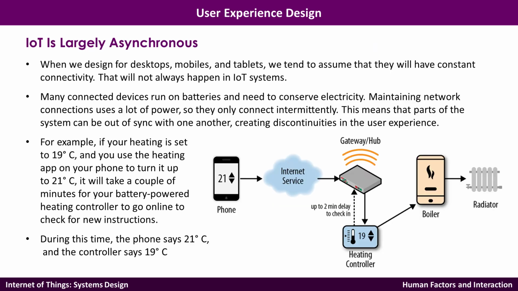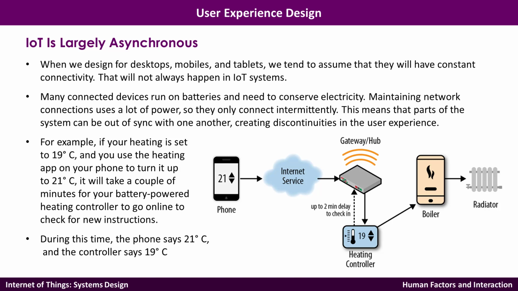A key difference in IoT is that the communication between different components is asynchronous. One reason for this is that in the IoT domain, the connected devices are running on batteries.